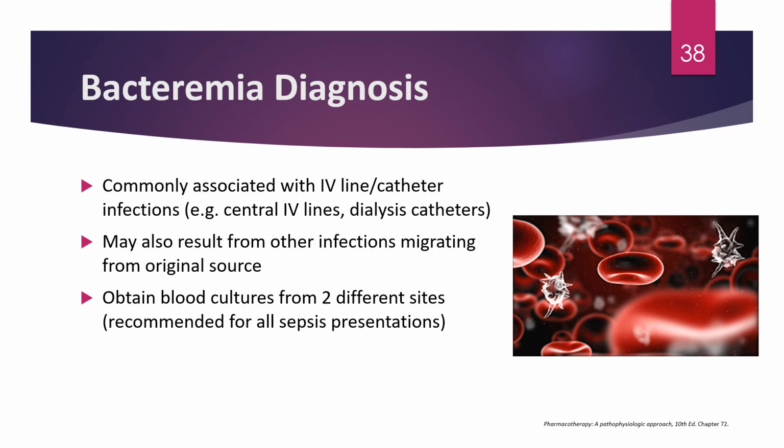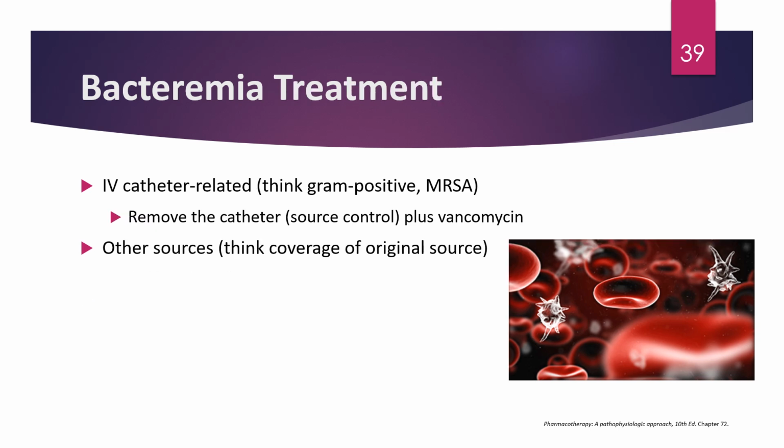You can get bacteremias from other things like skin and soft tissue infections, where if the infection eventually goes and hits the blood, then you get a bacteremia from that, and many other infection types.